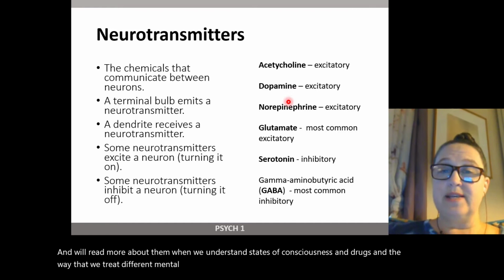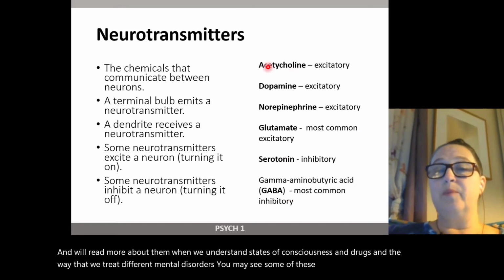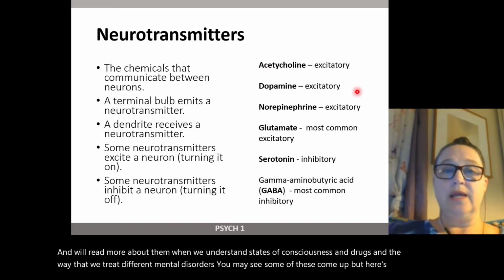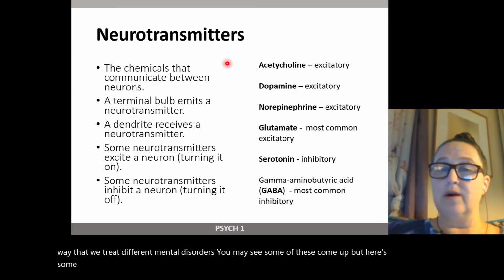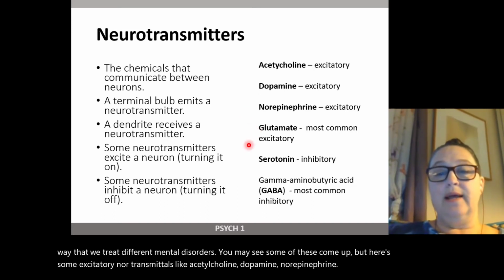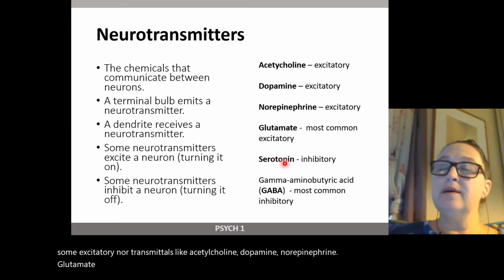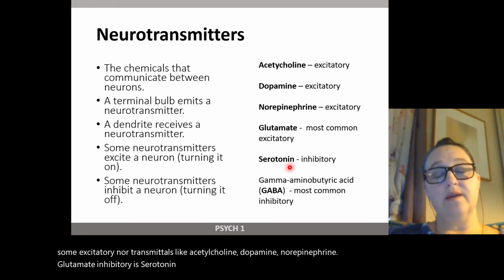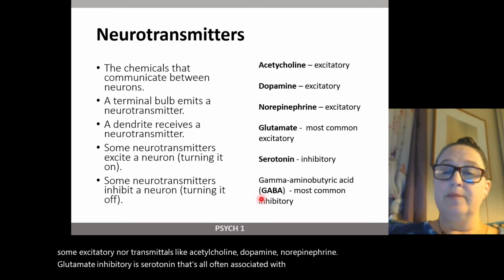You may see some of these come up. But here are some excitatory neurotransmitters like acetylcholine, dopamine, norepinephrine, glutamate. Inhibitory is serotonin. That's often associated with relaxation, and GABA is the most common inhibitory.